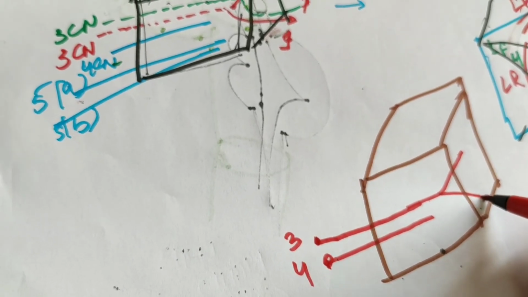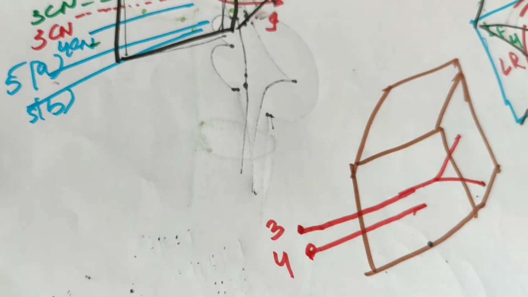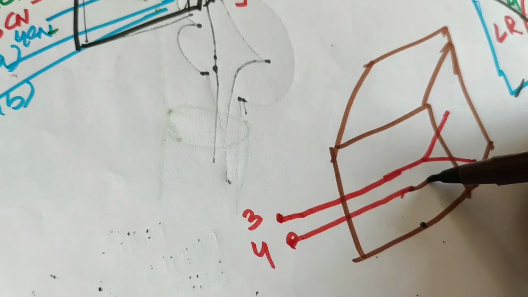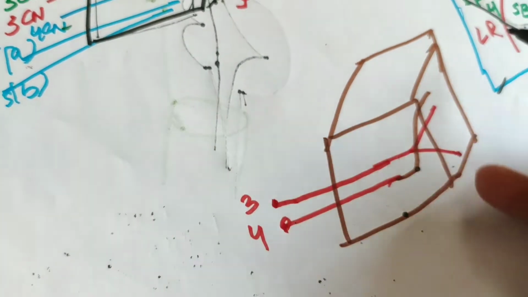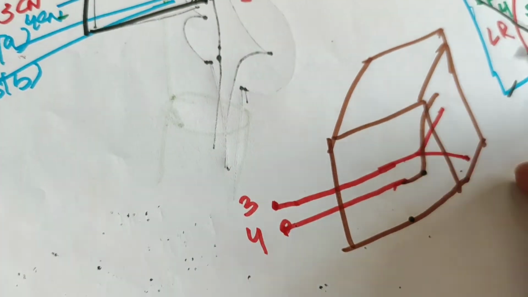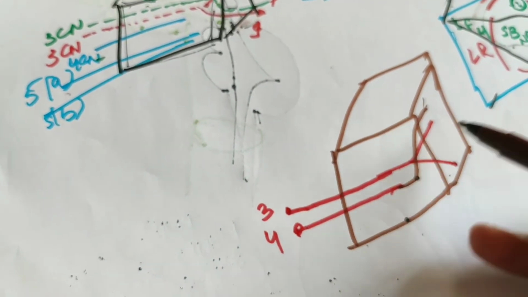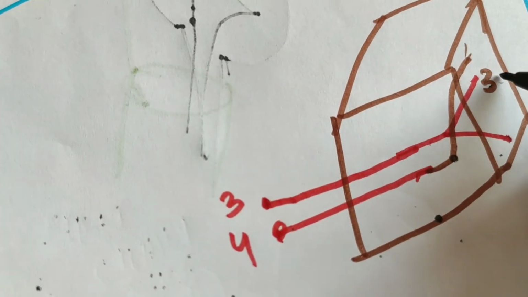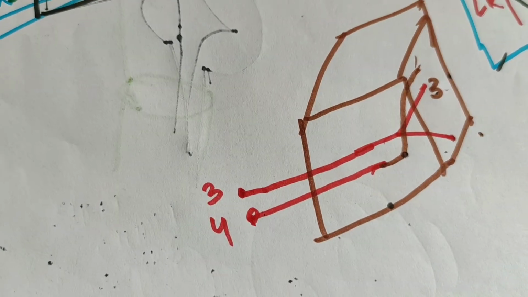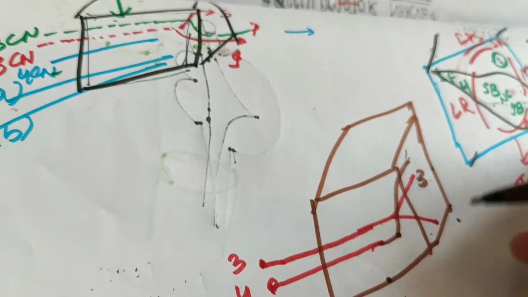But the fourth cranial nerve goes above the superior branch, it crosses and goes above. So the fourth cranial nerve emerges at the top of the third's upper part.